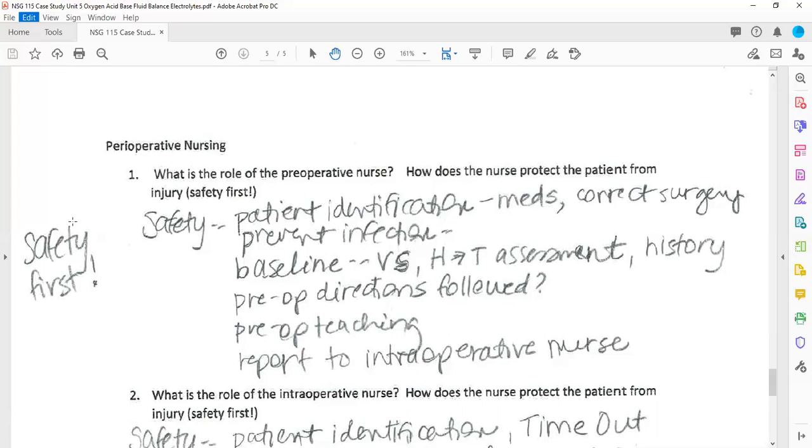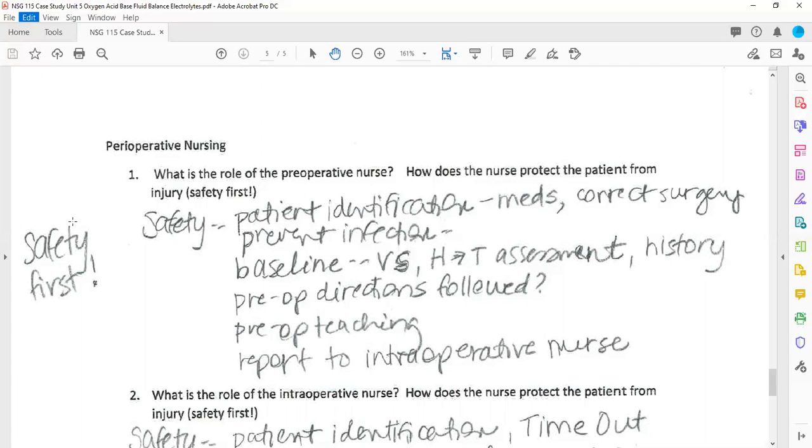Pre-op directions. So did they follow the instructions for surgery day? If the patient's coming from home and let's just say they are getting a colonoscopy, they would have been told to be NPO for at least 6 hours. They would have had to have used a bowel prep that was to clean out their bowels. They may have said, don't take aspirin or a blood thinner that day.